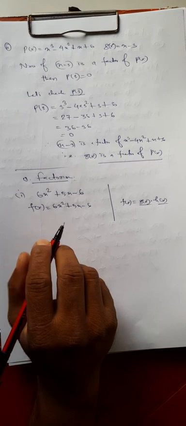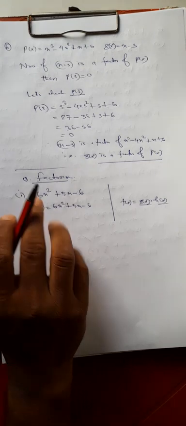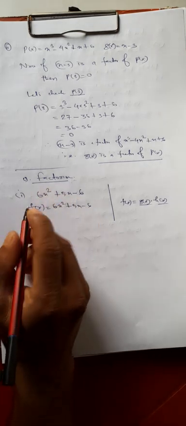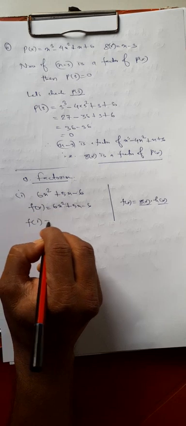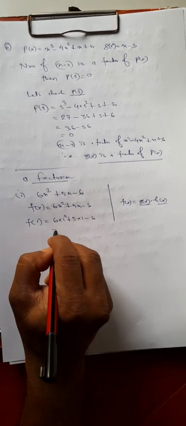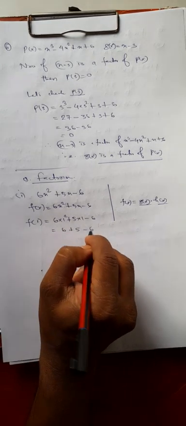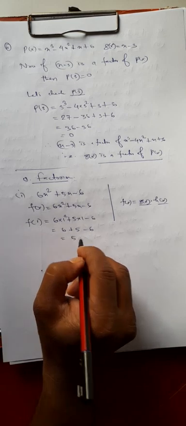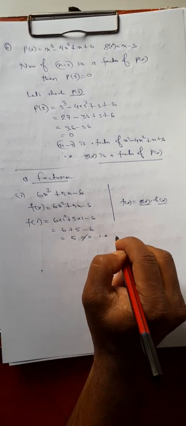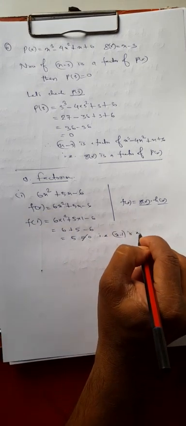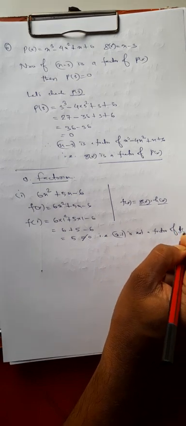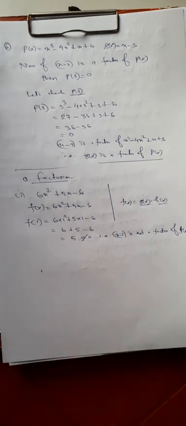Now by the trial method, using the factor theorem, we will try to find at least the first factor of this polynomial. Now let's put x equal to 1. f(1) equals 6 into 1 square plus 5 into 1 minus 6, that is 6 plus 5 minus 6 equals 5, not equal to 0. That is, if f(1) is not equal to 0, x minus 1 is not a factor of f(x).